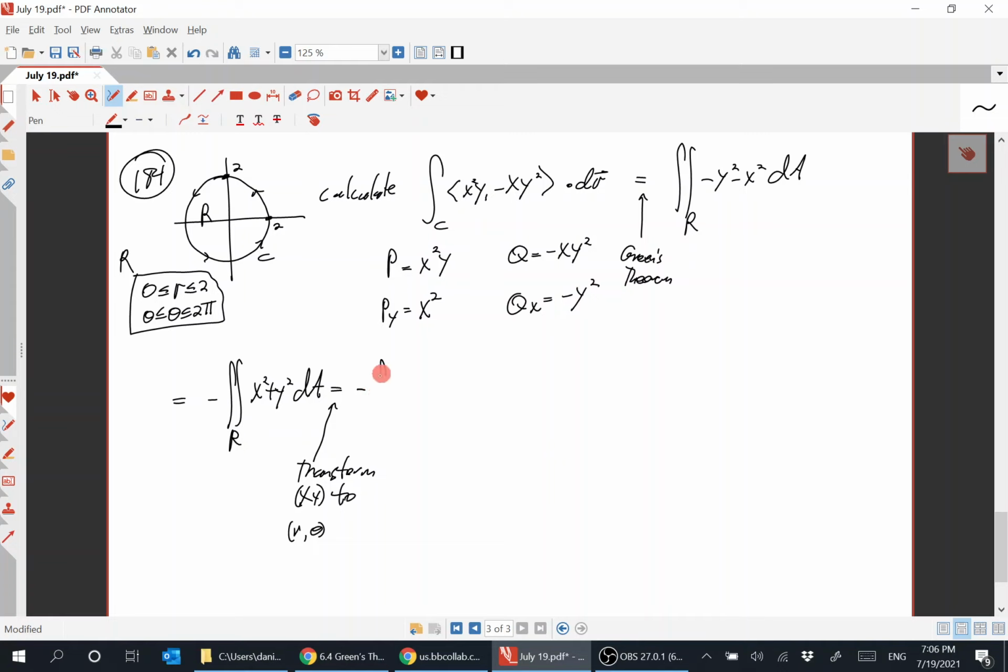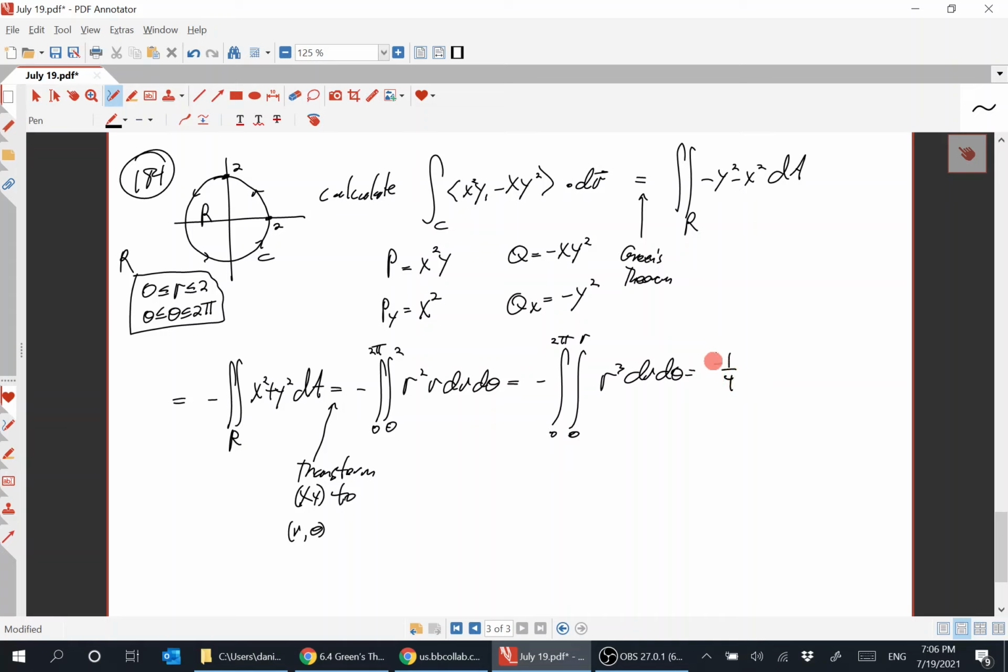So this is negative the iterated integral from 0 to 2, 0 to 2 pi. X squared plus y squared is r squared. And then the dA becomes r dr d theta. So negative integral from 0 to 2 pi, integral from 0 to 2 of r to the third dr d theta.